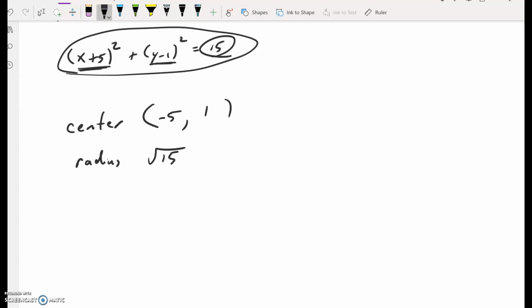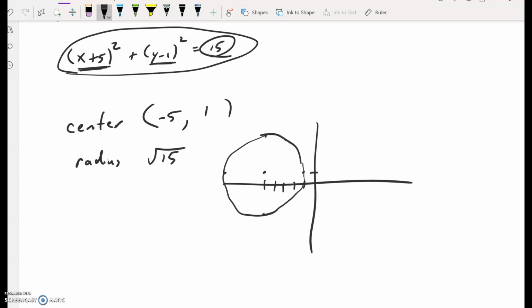And if we had to sketch it, which we don't, it would be centered at negative 5, 1. And then it would go 4 in each direction, and so it would look something like that. All right, let's go to the next one.